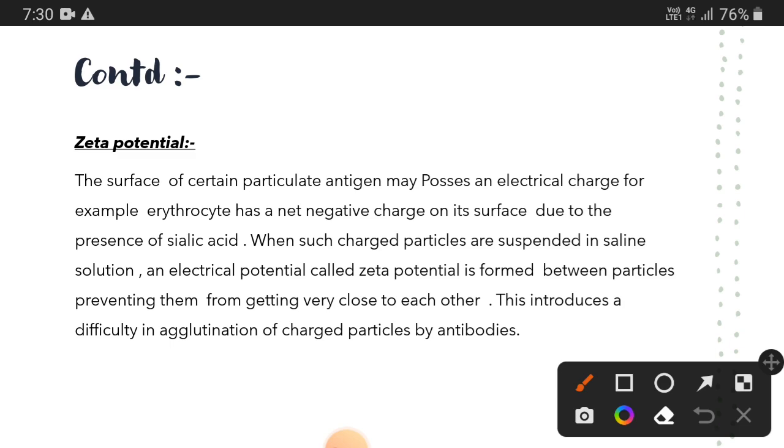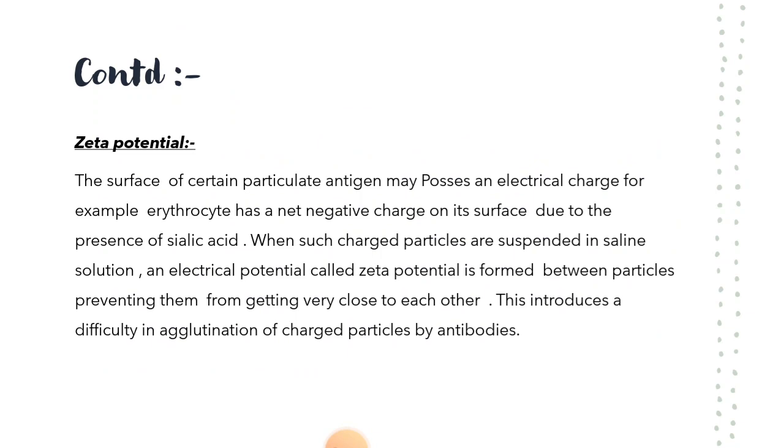And if our antigen has a net charge on its surface, it leads to the formation of zeta potential when those antigens are suspended in a saline solution, and so they are prevented from getting very close to each other. As a result, cross-linking cannot occur, antibody agglutination cannot occur. So these three types of condition can occur in which agglutination of that particular antigen is not possible.